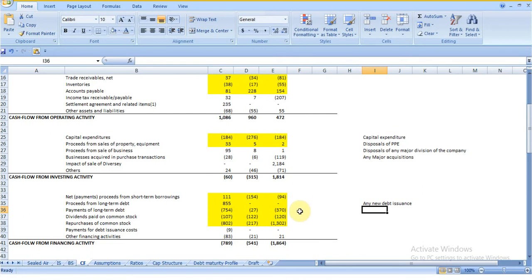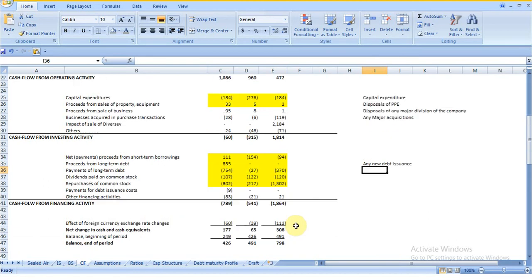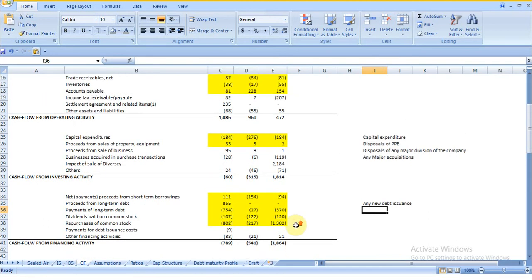Is the company making any dividend payment to its common stockholders? If yes, then we need to make assumptions around that. Is the company purchasing its stock or issuing new stock? That all will come here and we need to look into it in detail. So this is broadly about the cash flow statement.